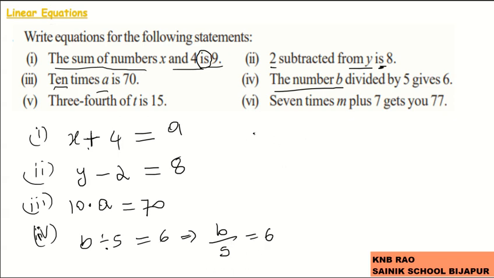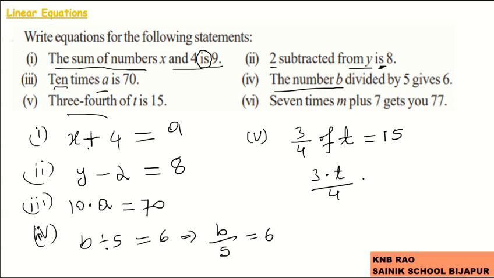In the case of the fifth one, 3/4 of t is 15. So 3/4 is nothing but 3 by 4. This operation of 3/4 of t can also be shown as 3 into t by 4 is 15.